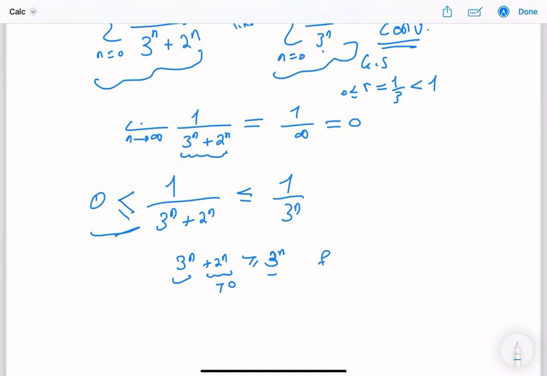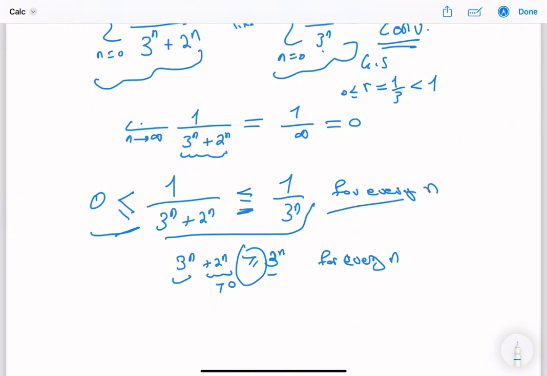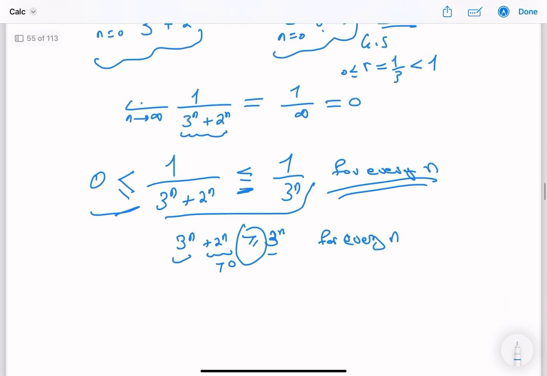And this is for every n. If you take the reciprocal of these, you change the inequality, and you get this inequality. And this is happening for every n. This is another important thing for you to note: it should happen for every n. Okay? So we have this inequality.